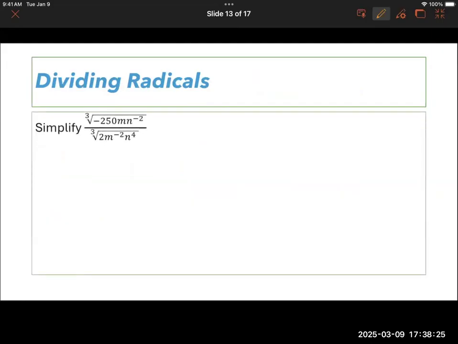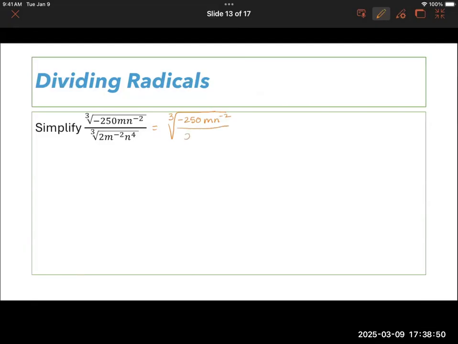Now, for dividing radicals, we've already seen the quotient property. And so because of the quotient property, when I am dividing two separate roots, like these cubed roots, I can always put them back together into a single fraction if that's helpful.